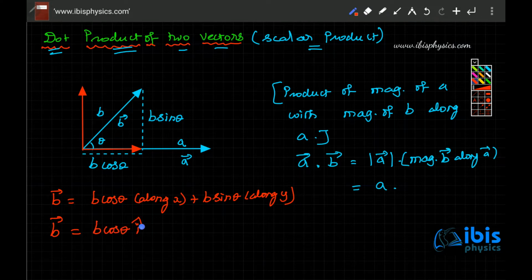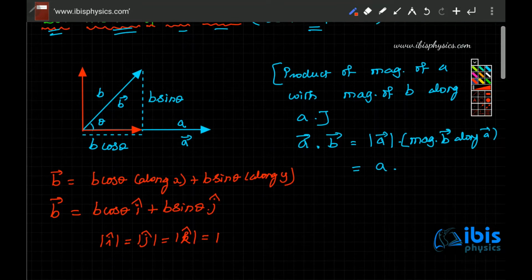That's the meaning of i cap, because its value is 1. So b cos theta into 1 is b cos theta only, but i cap says that it is along x, plus b sin theta into j cap. Here the value of i cap equals the value of j cap equals the value of k cap equals 1. They are all unit vectors.